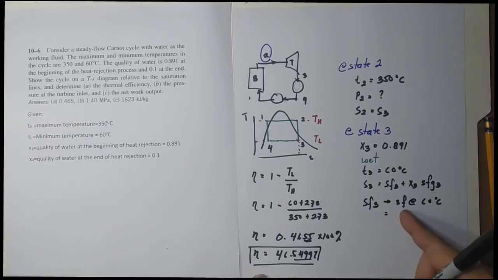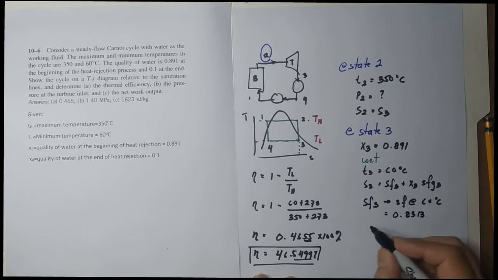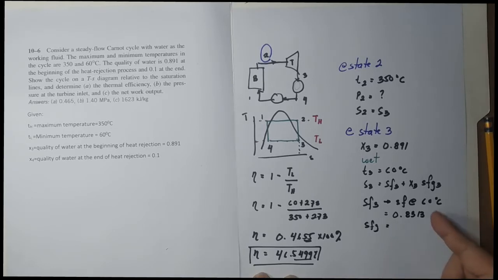So, ang SF ay 0.8313. Tapos ang SFG, okay, at 3, nasa 60 din yan, na-rate natin kanina, 7.0769.